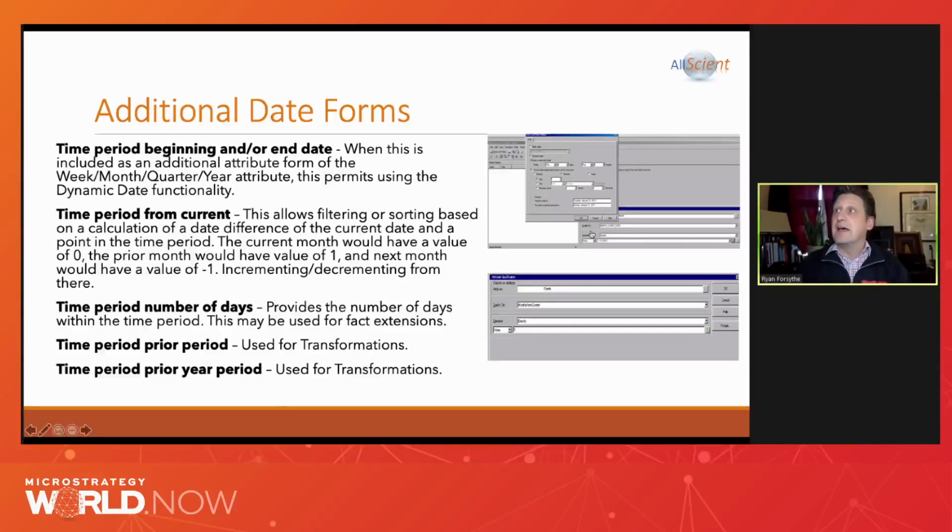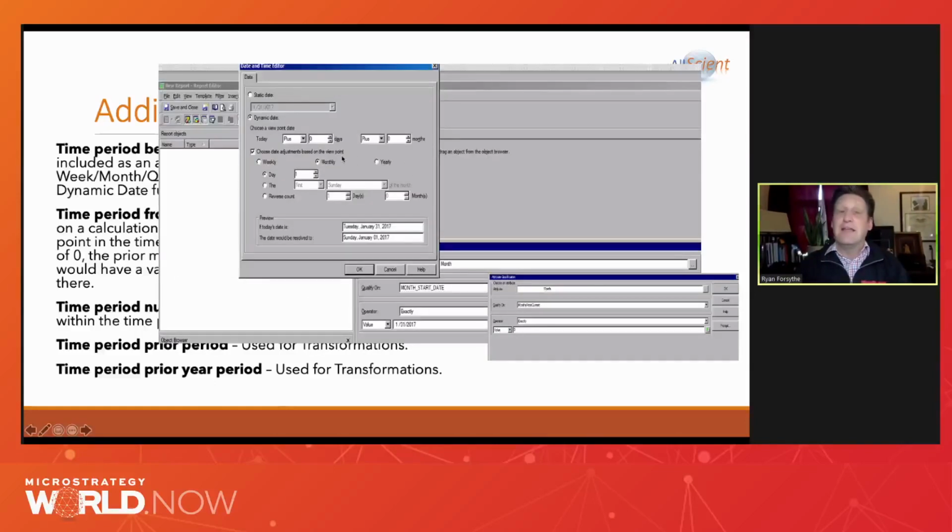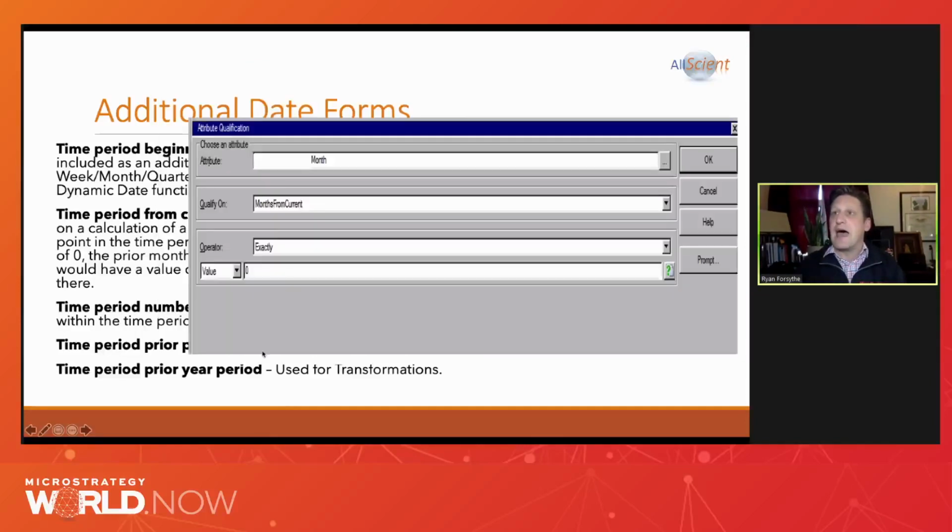What that does is, as we're doing filtering, it allows some of the dynamic date functionality, by saying the month end date or the month start date is in or between this value, versus month ID, which is 2020-08. You can't really do that, but if you add on the period begin and end dates, then that allows you to do betweens, or the dynamic dates, a lot of things similar to that.